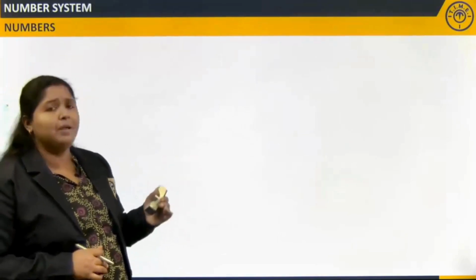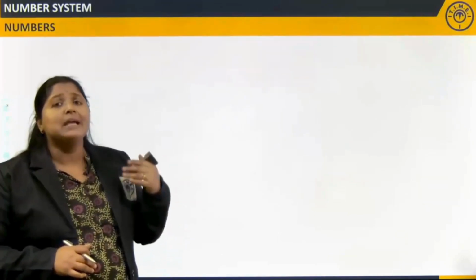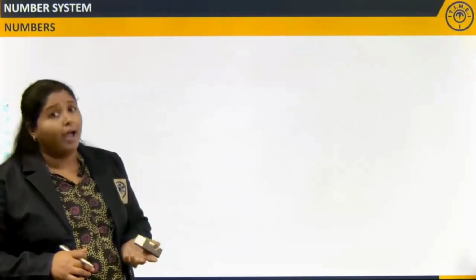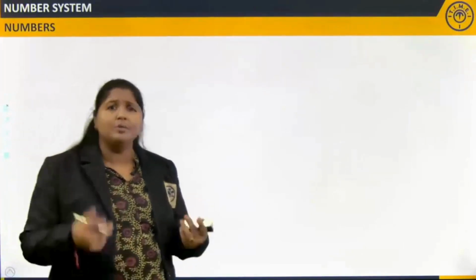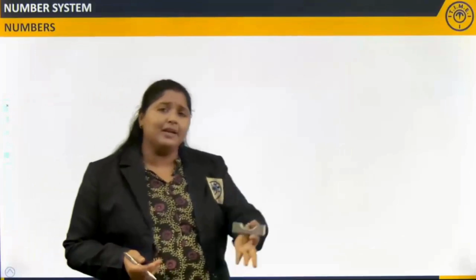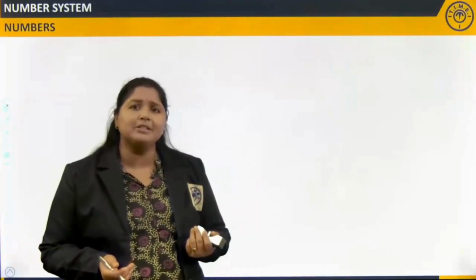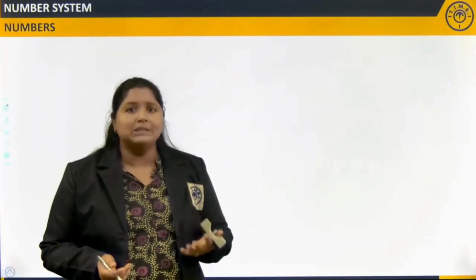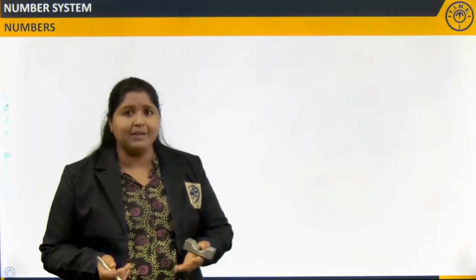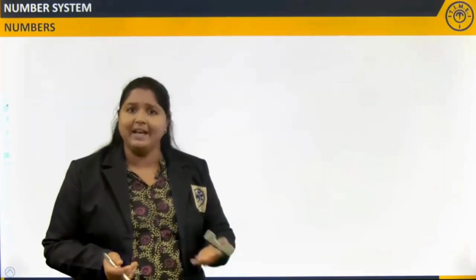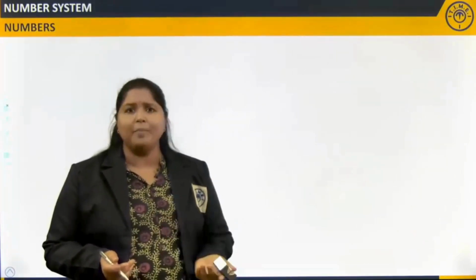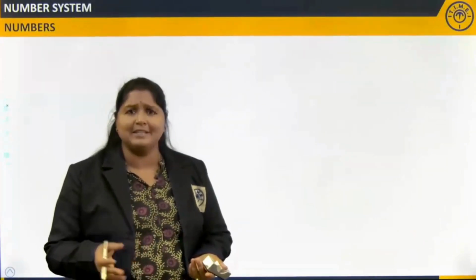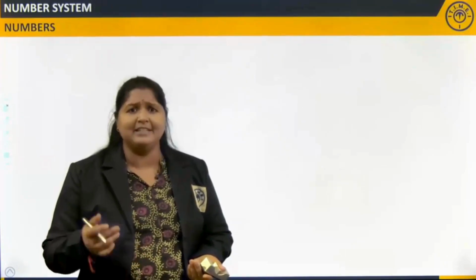So if a number has exactly 2 factors, it is said to be a prime number. Otherwise, it is a composite number. You must be knowing about it already, right? Give me some examples of prime numbers. 2, 3, 5, 7, 11, 13, etc. Others are composite numbers like 4, 8, 16, 12, 15, 18, etc.